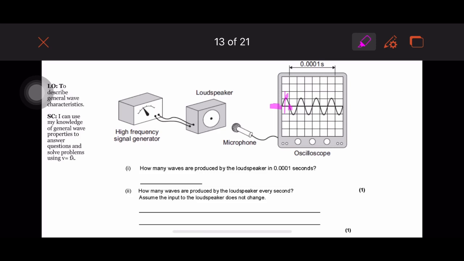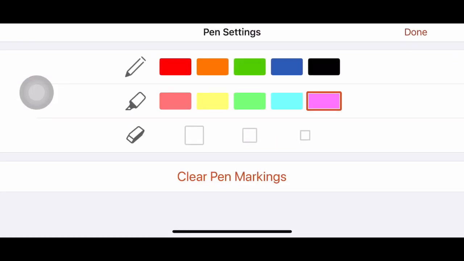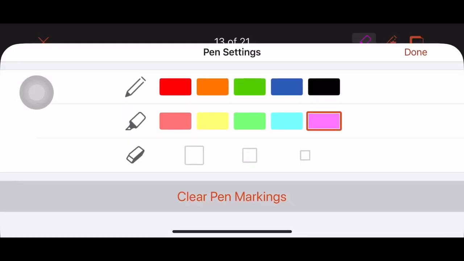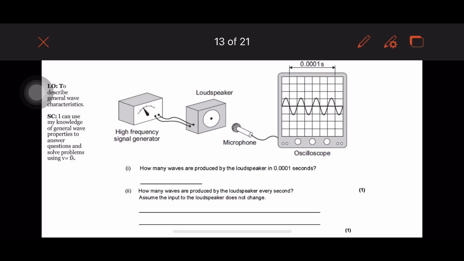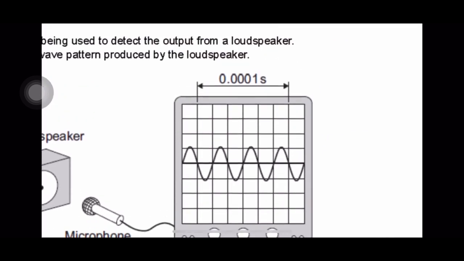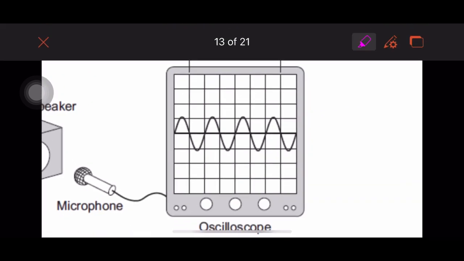one curve. So we're going to count one, that's one wave, two, and no, let me see because I have to make it bigger. Wait, this is too tiny. Okay, make it bigger. Okay, let's count. So it starts here and it ends here.